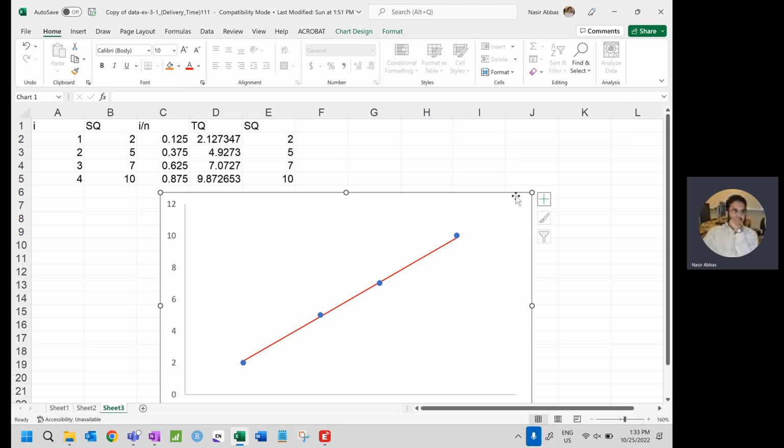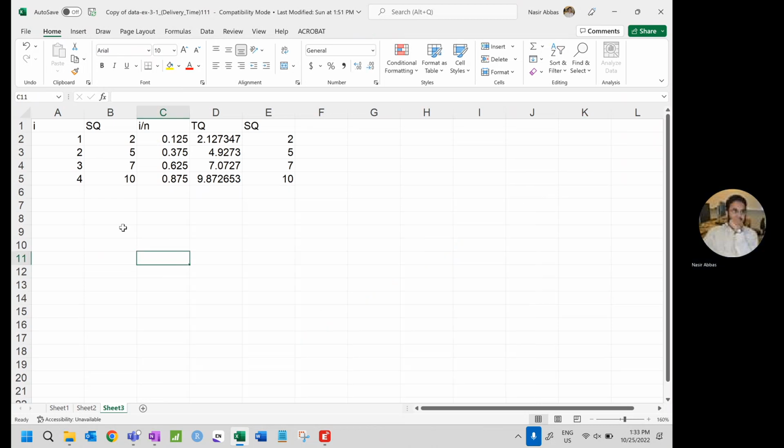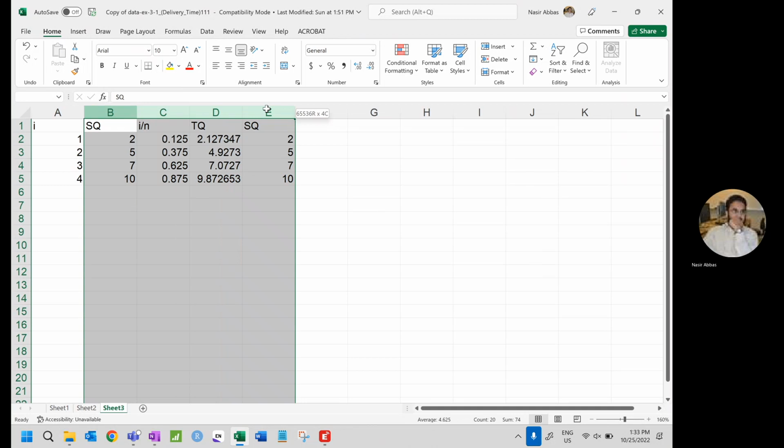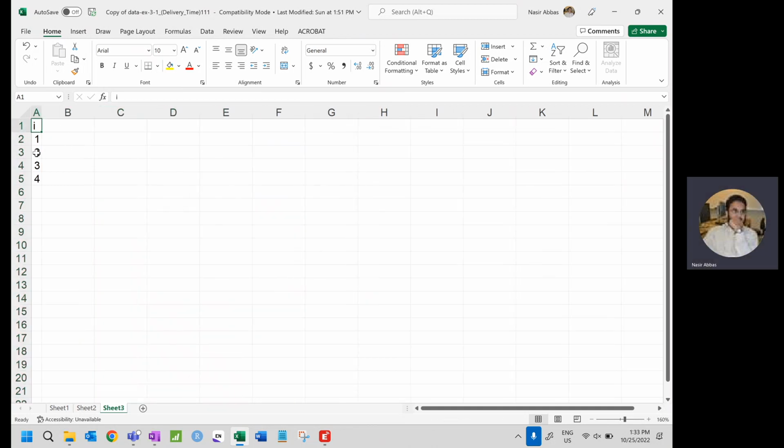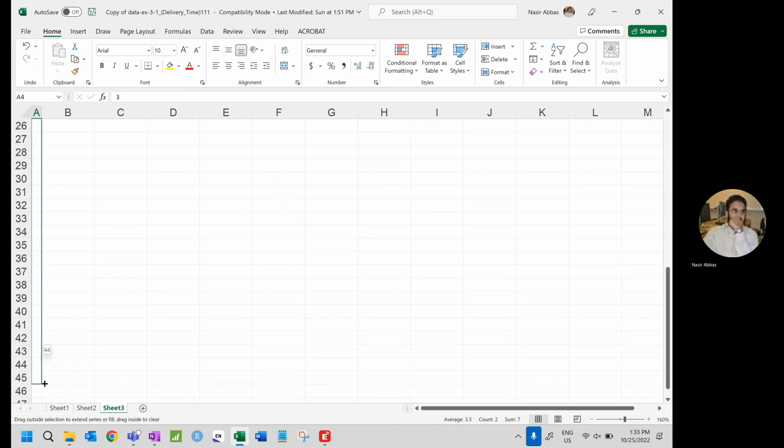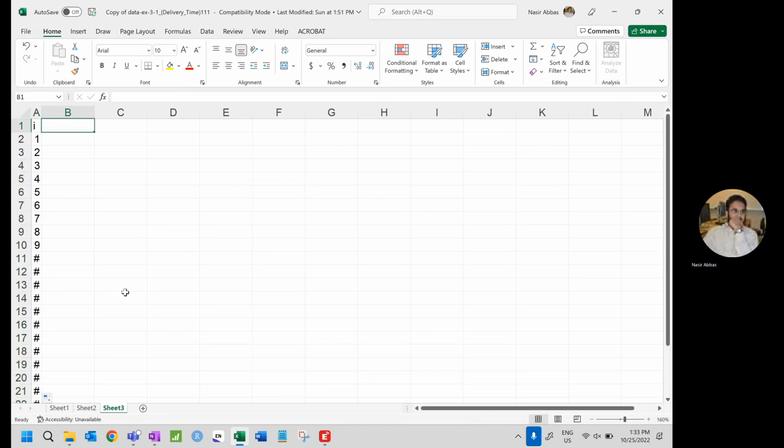Now I'm going to get more data. What I'm going to do is select a sample of size, let us say, 25. And where do I take the data from?